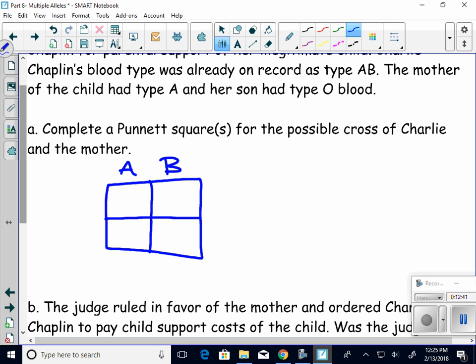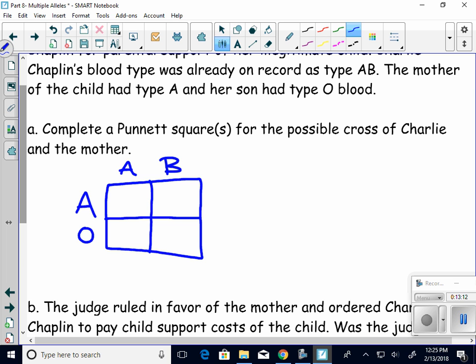The mother was type A. So what is the genotype for the mom? A. It could be AO. Does it have to be? Wait. Does it have to be AO? Could it be something else? It could be AA. We're not there yet.